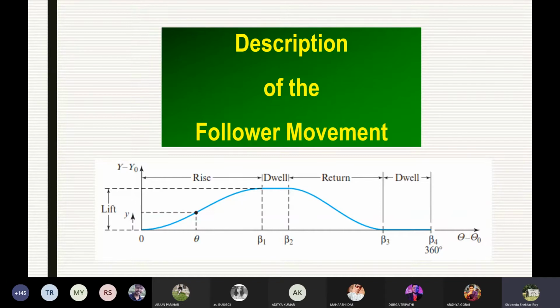Then there is a certain portion where the follower has no displacement, that is the dwell period. There also the cam has angular movement. After that, the follower passes through the return phase, that means the follower will move towards the center of the cam.